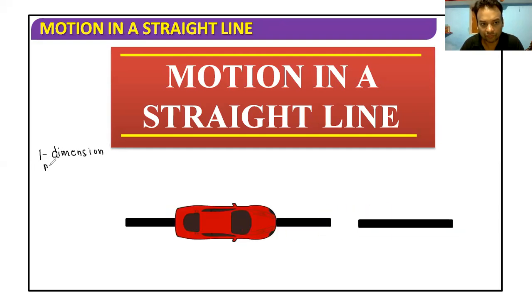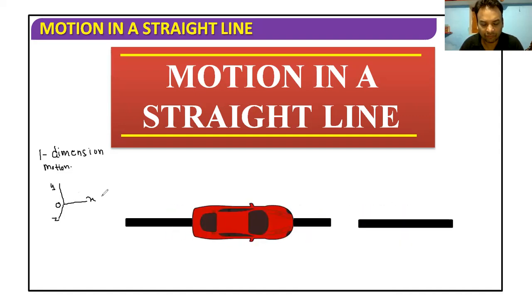Dimension means, let me take a coordinate system having x, y, and z axes, and this is my origin. One dimension means at one time I will consider only one axis. That is called one dimension.